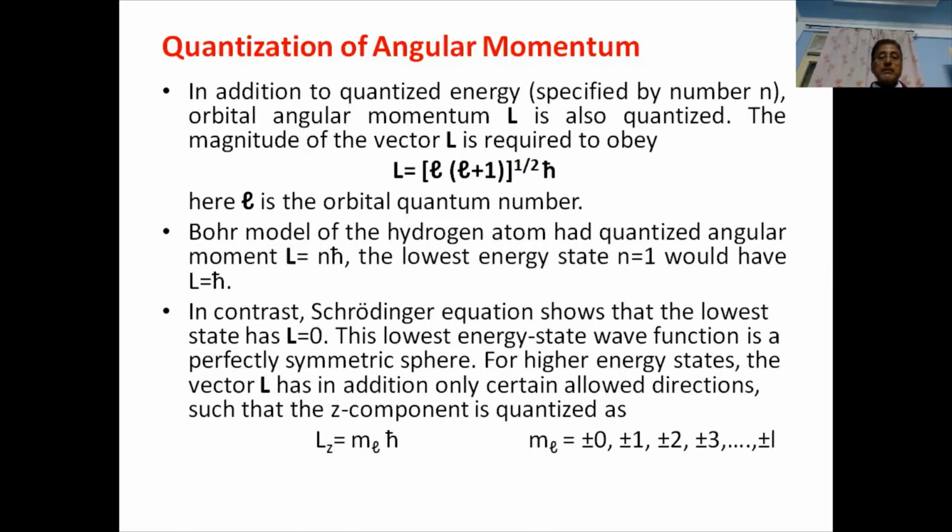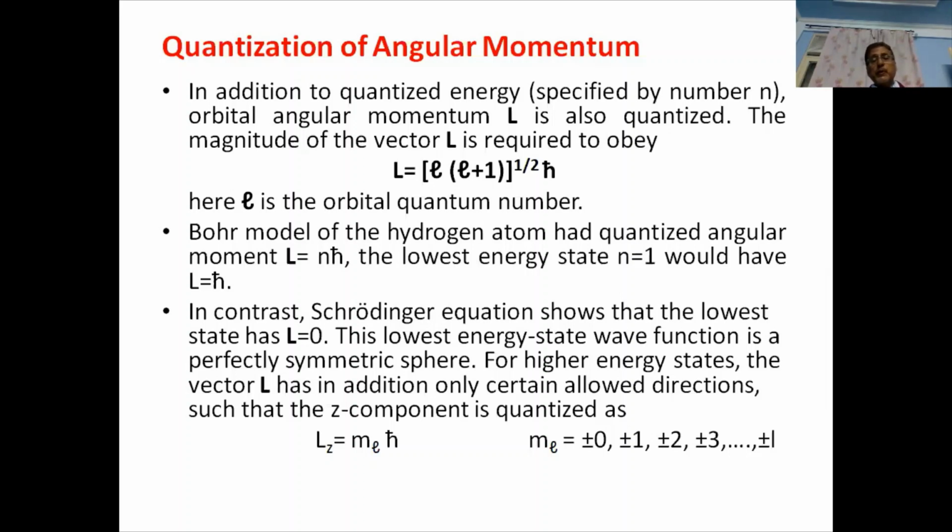Now we will also see that the orientation, that is the angular momentum vector, is quantized in space also, that we call the space quantization. Anyway, the Bohr model of the hydrogen atom had quantized angular momentum L is equal to n h cross, and the lowest energy state n is equal to 1 would have L is equal to h cross for the first orbit.